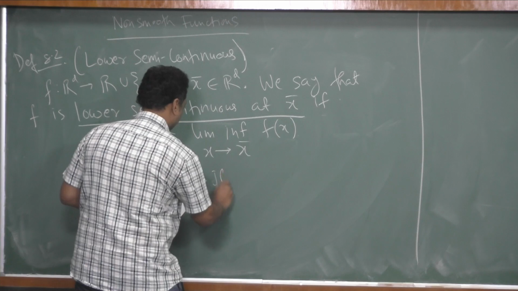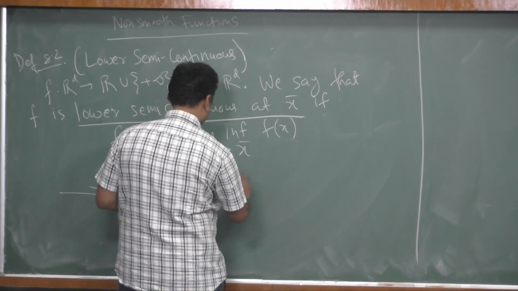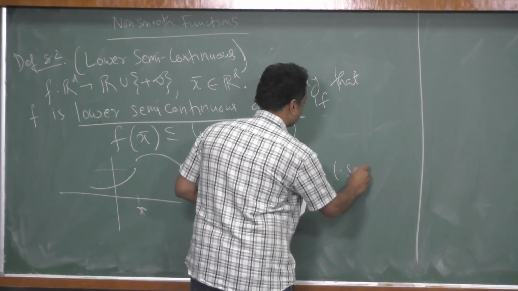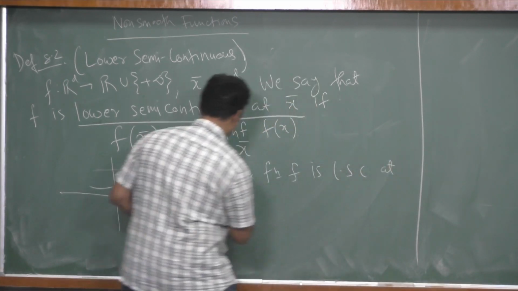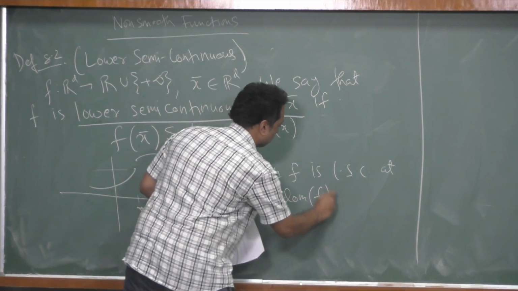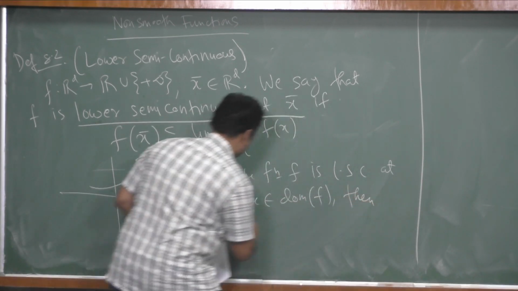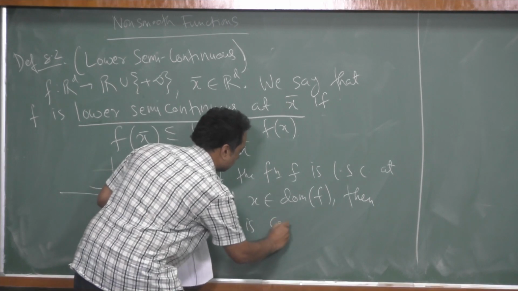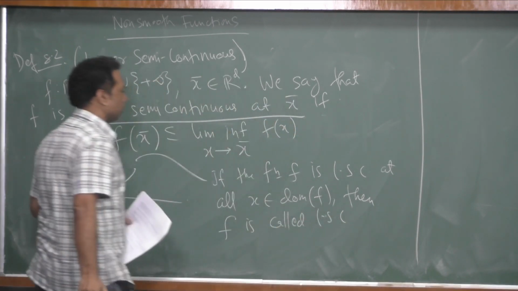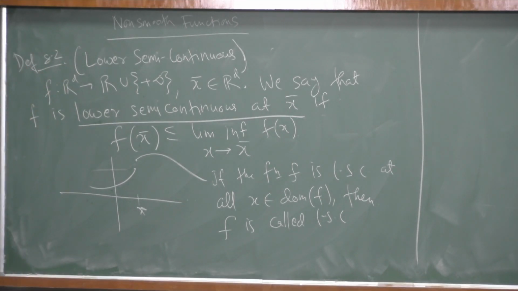So if the function f is LSC at all x in domain of f, then in this case we call the whole function lower semi-continuous at all its points. Okay, so that's lower semi-continuity.